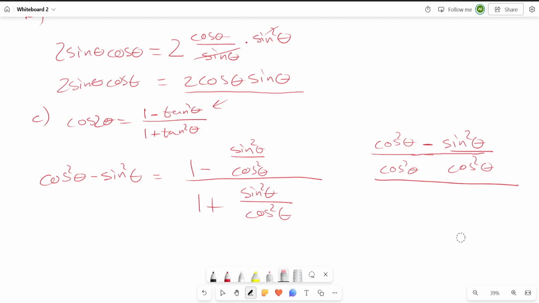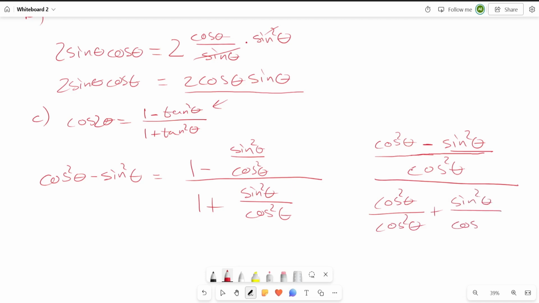Let's rewrite it better. So all of this is over cosine squared theta. And then we can do the same in the bottom. So it's cosine squared theta over cosine squared theta plus sine squared theta over cosine squared theta.